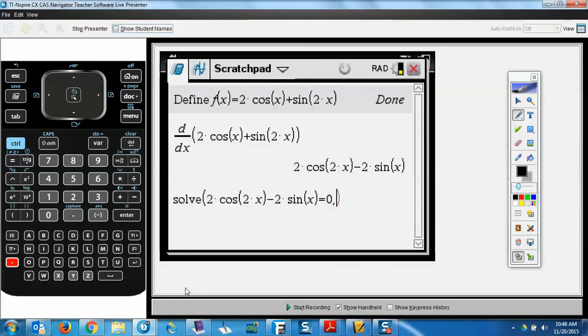The main reason I defined it is, what am I going to have to do later when I do global max and min? Plug it back into the original f, right? I've got it defined as f, so now I can just go f of, and do it. Yes? Yeah, when we say f of x, put the parentheses around.